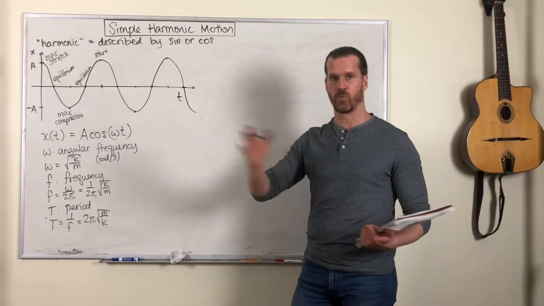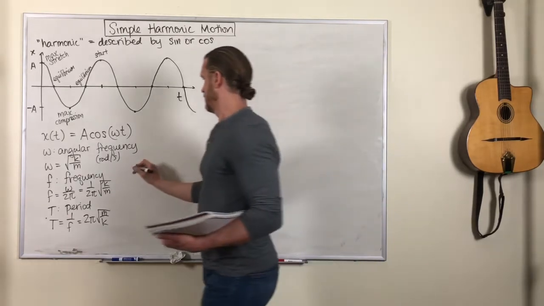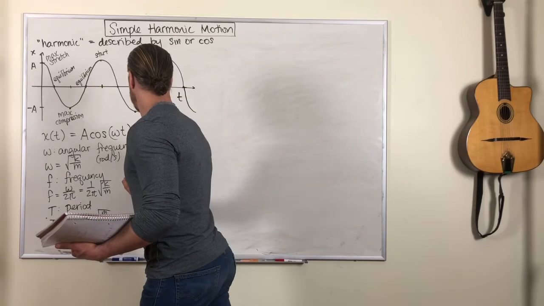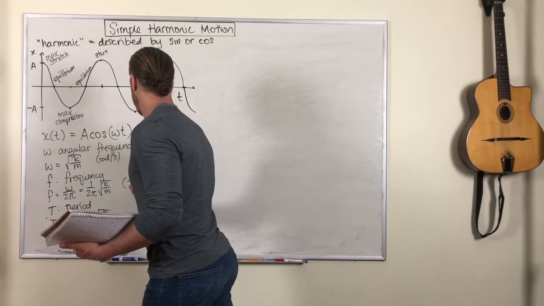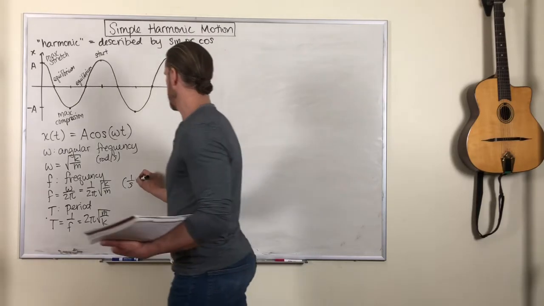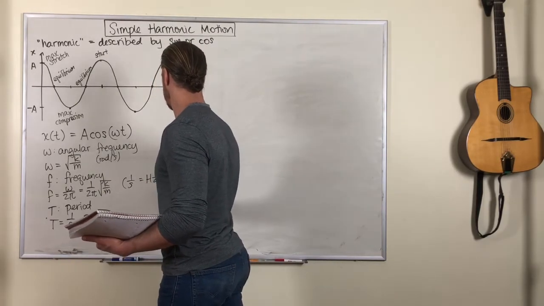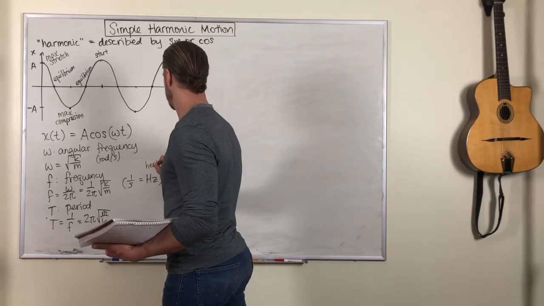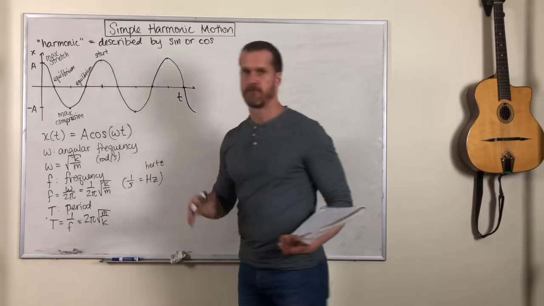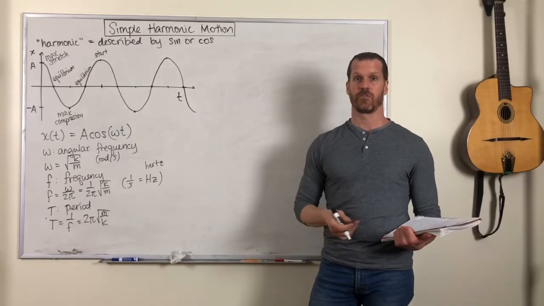A cycle is 1 back and forth. So this is cycles per second. Cycles don't have a unit, so that's just 1 over seconds. And this is commonly called hertz. The number of occurrences of some event per second.